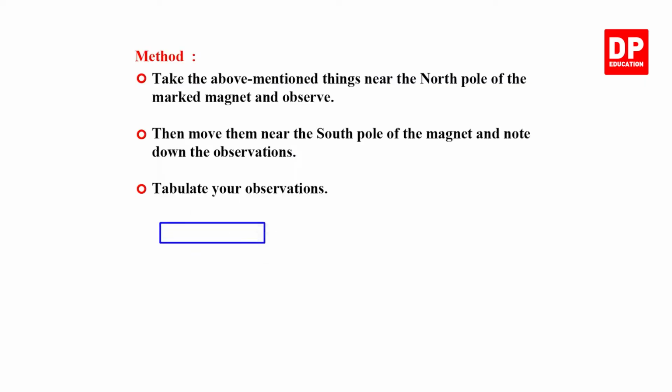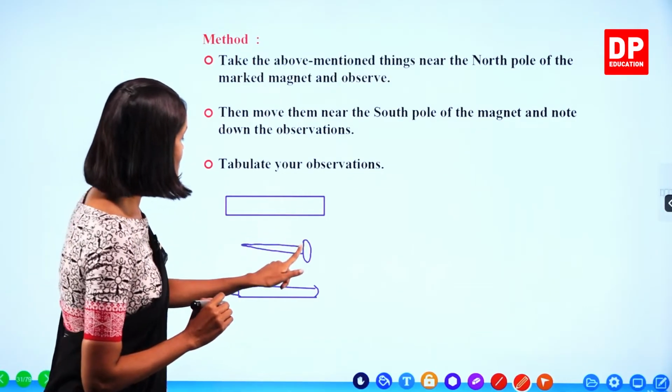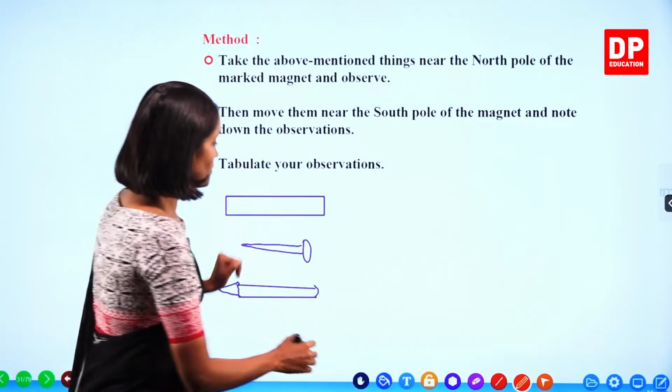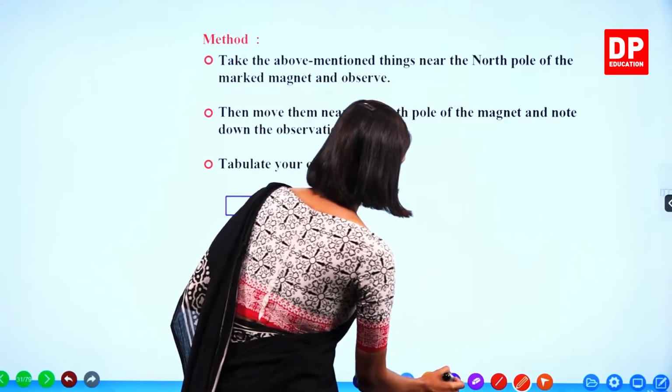Unmarked bar magnet, iron nail and the pencil, you have to bring it towards the marked bar magnet.